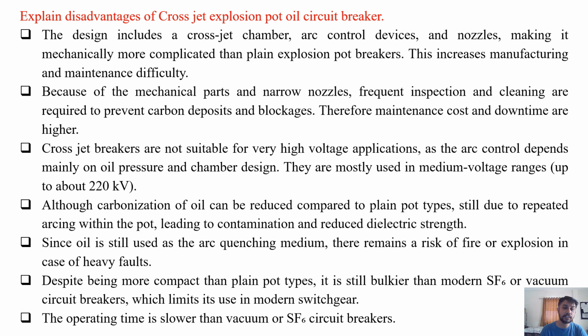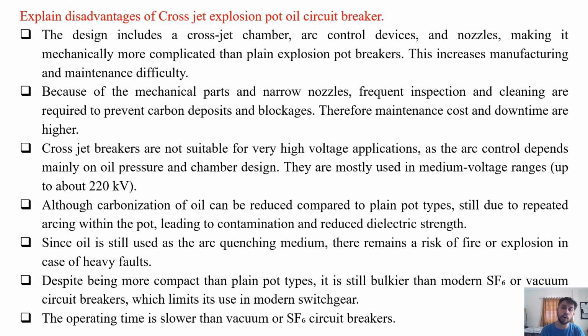Although carbonization of oil can be reduced compared to the plain pot oil circuit breakers, still, due to the repeated arcing within the pot, there is contamination and reduced dielectric strength. Since oil is still in use as the arc quenching medium, there remains a risk of fire or explosion in case of heavy faults.